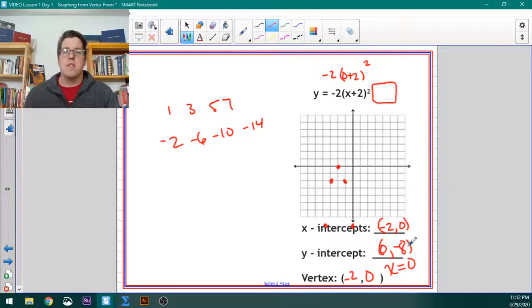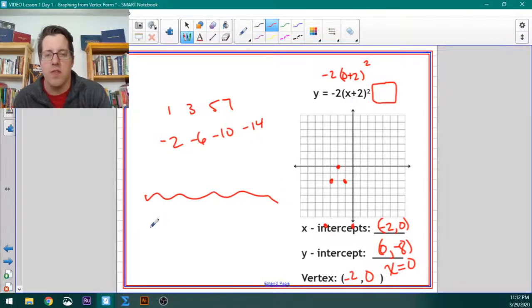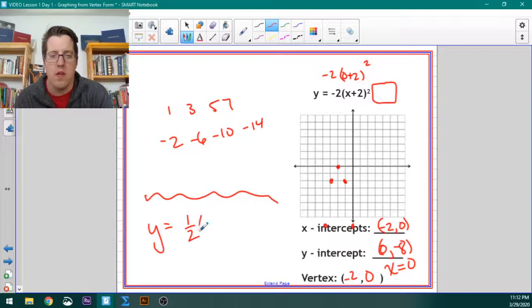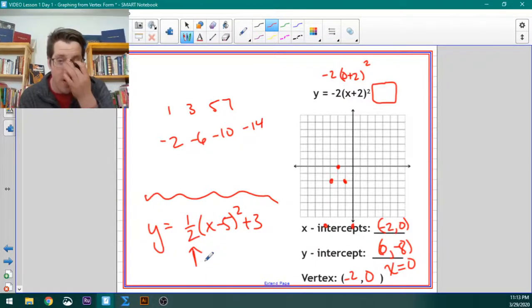Okay, so that's the first thing you're going to do in Khan Academy. The thing that's going to be challenging is if you have a question pop up that says this. You're going to have to think about how you deal with the 1/2. The nice thing about Khan Academy is that it lets you play around with it, so you should be able to figure that out somewhat easily.